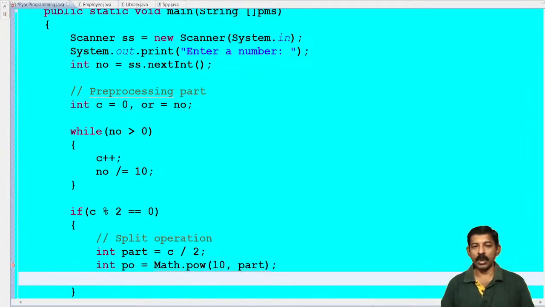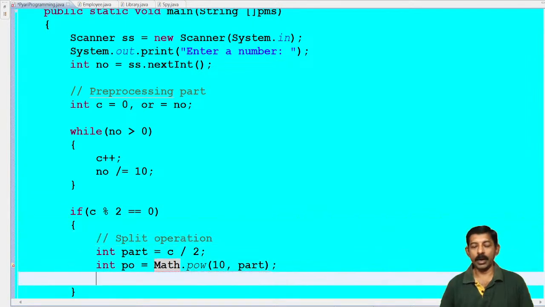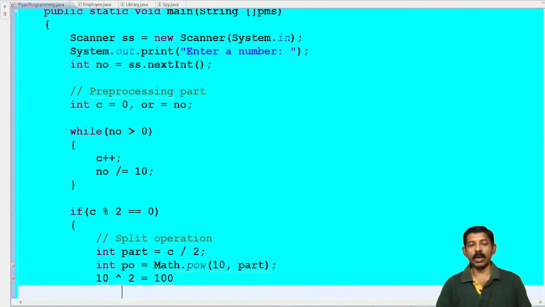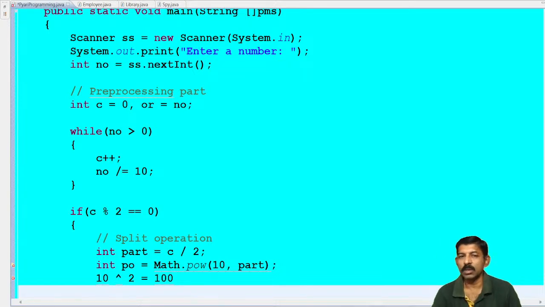Now if I got part as 2, 10 to the power 2 is equal to 100. Now if I am dividing a number by 10, I am getting the unit digit. If I am going to divide the number by 100, for the first part, no Monal. Monal, wrong answer. It is neither going to give you the first part nor the second part.